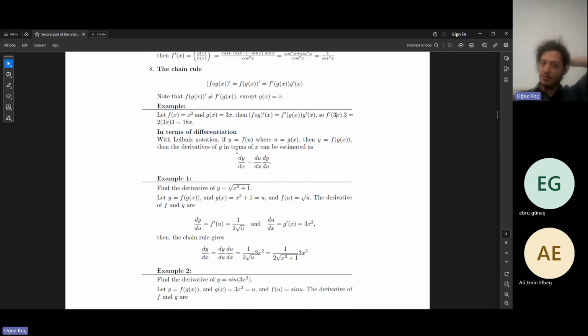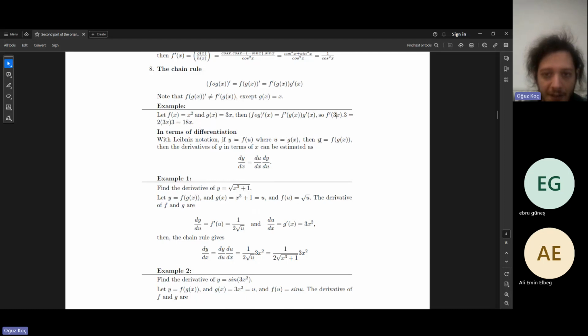We can also calculate it in terms of differentiation with Leibniz notation. In this case, y is equal to f of u, and u is equal to g of x.